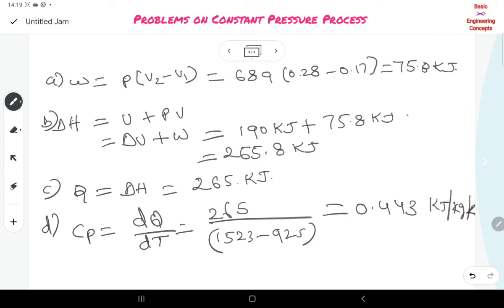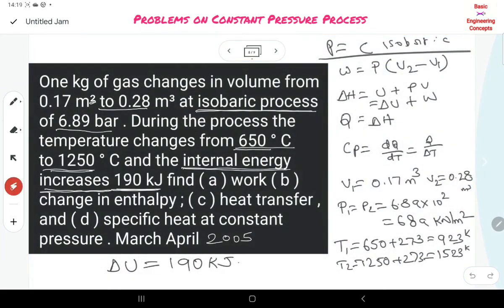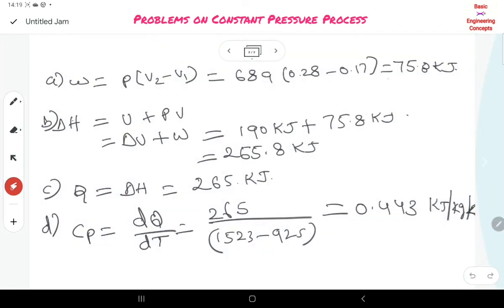Once you plan the formulas before going to the solution, and plan according to the data, then the solution is very simple. So work done is equal to 75.8 kilojoules, change in enthalpy is equal to 265, the heat transfer is equal to 265 kilojoules, and Cp is 0.443.